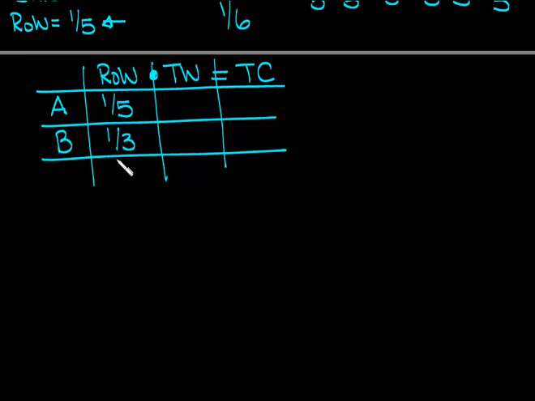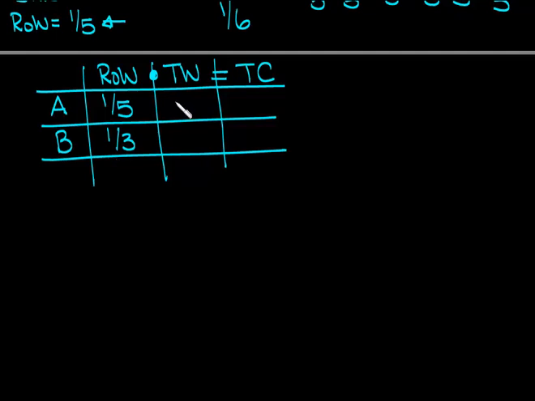Now you start both machines and they work together, and at the end of some time they would have finished the same job, because each one is doing part of the job, and together at the end of a certain time the job would be done. So they're working for the same amount of time, because they both start at the same time and keep working till the job's done.